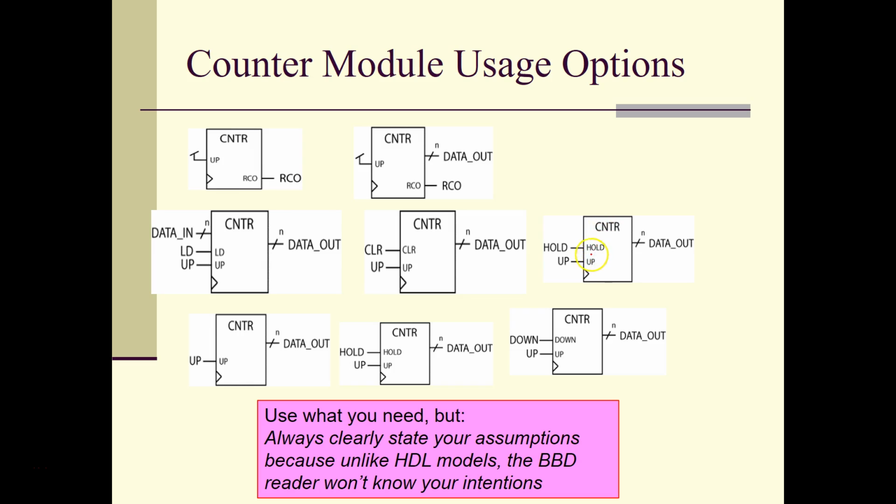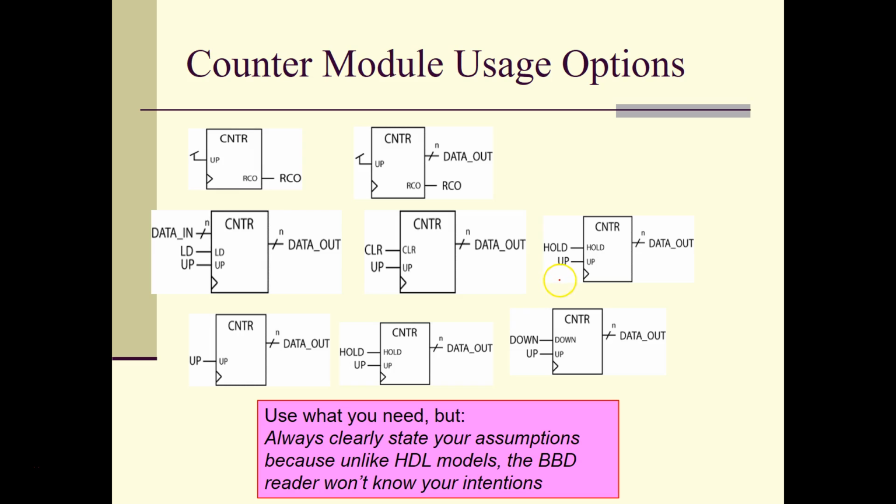So it's not clear from these inputs which one has precedence. If I were to use this counter, I would have to say what has precedence, hold or up. It's generally accepted that when up is a 1, it counts up, but it's not really clear from the diagram what happens when up is a 0.